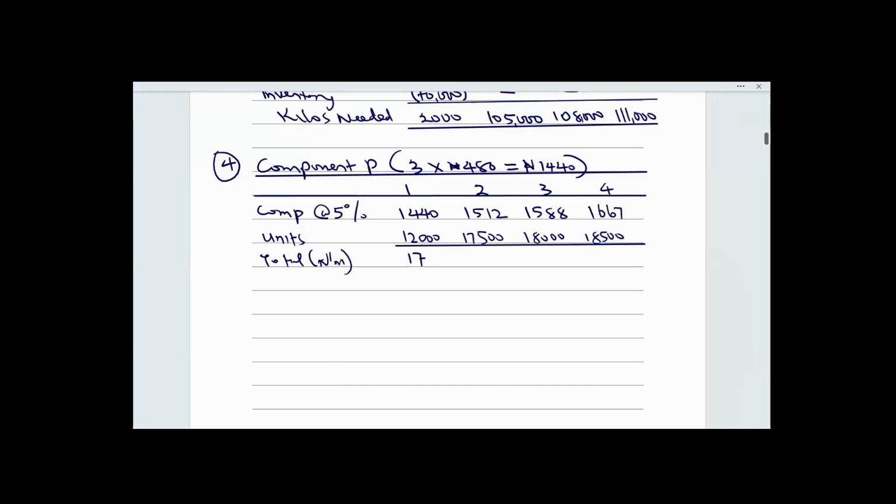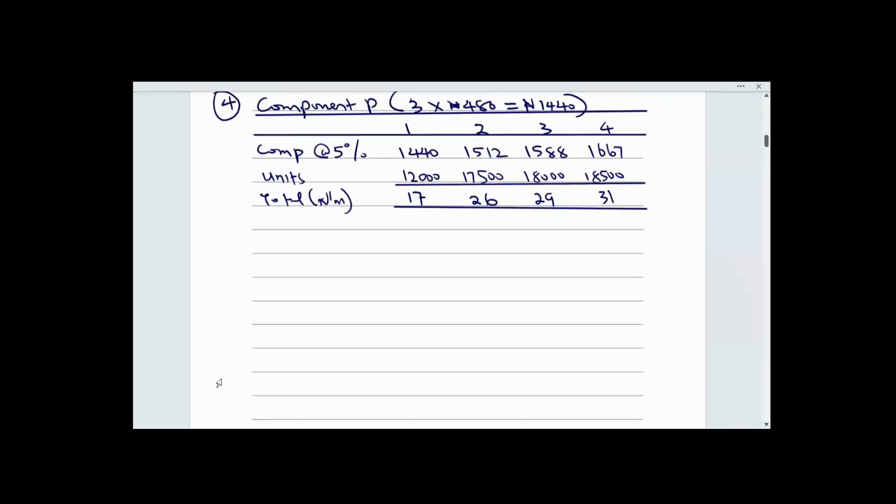Year 2, 26. Year 3, 28.5, that's 29. Okay. Year 4, 31. So we're done with component P.